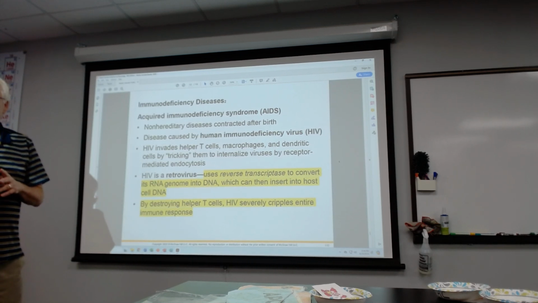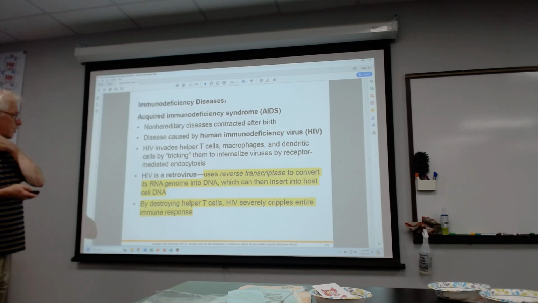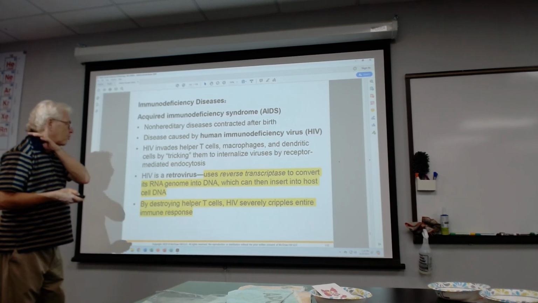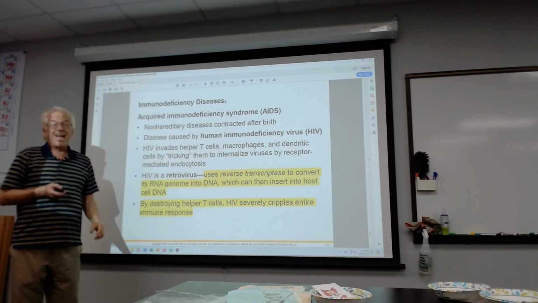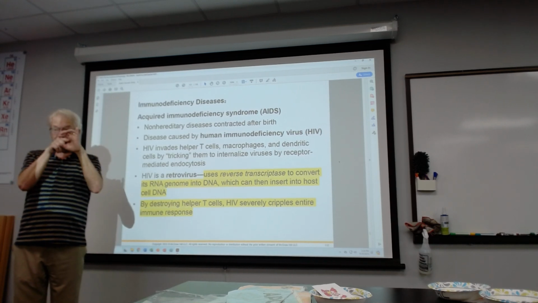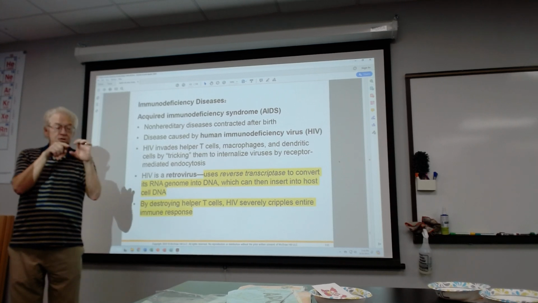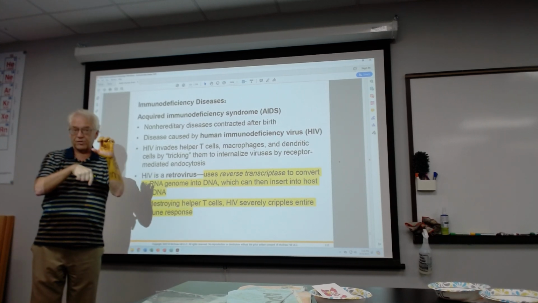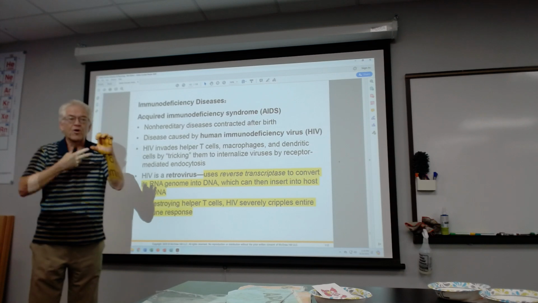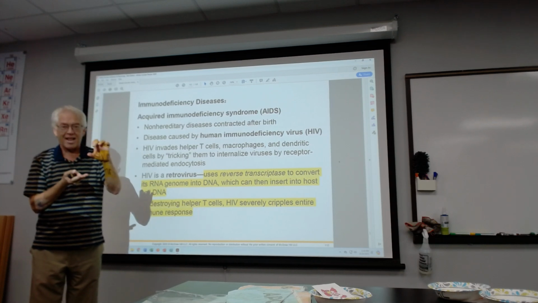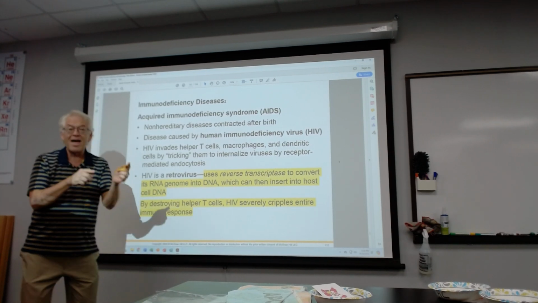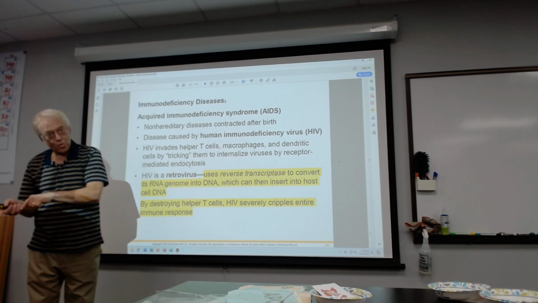Any bad guy that comes along is going to kill you. Alrighty? Now, it's a retrovirus. What does that mean? Instead of DNA inside its capsule, there's RNA. So it shoots its RNA into your cell, which then has to be reversed back into DNA. Then that DNA can hijack your DNA.